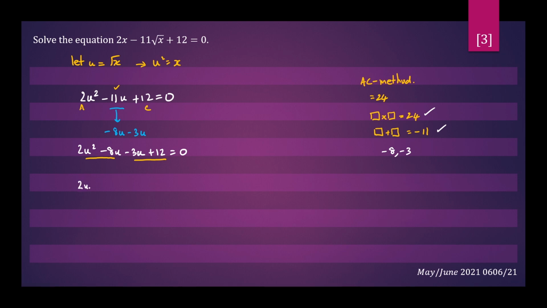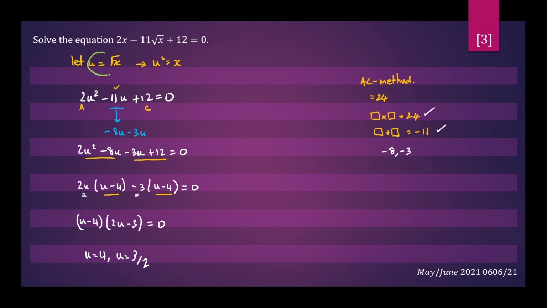We will have 2u(u minus 4) minus 3(u minus 4) equals 0. We can see now that u minus 4 is a common factor. We can then write (u minus 4), and we are left with (2u minus 3). And so that will give us u equals 4 and u equals 3 on 2.